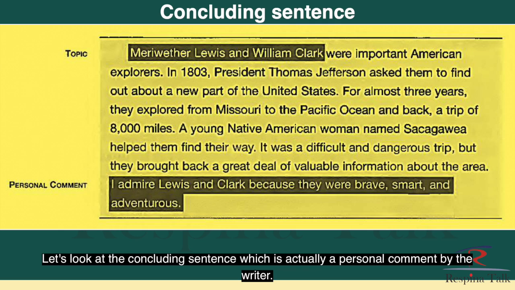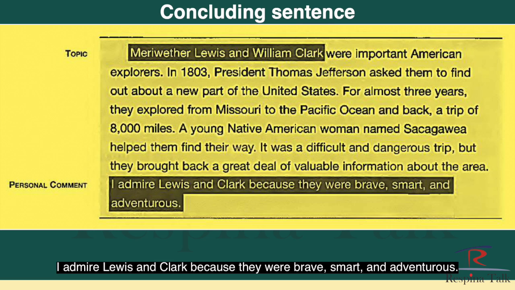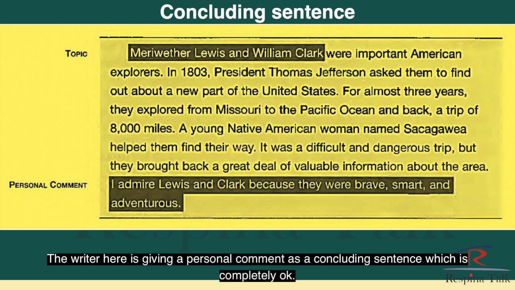So now let's look at the concluding sentence, which is actually a personal comment by the writer. The writer says, I admire Lewis and Clark because they were brave, smart, and adventurous. Now, the writer here is giving a personal comment as a concluding sentence, which is completely okay.